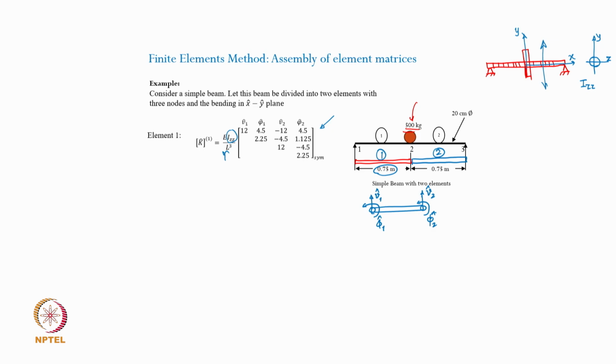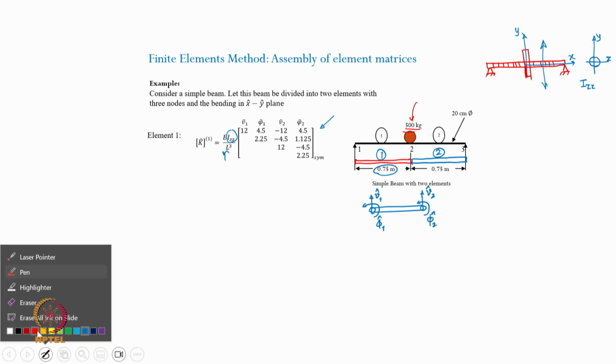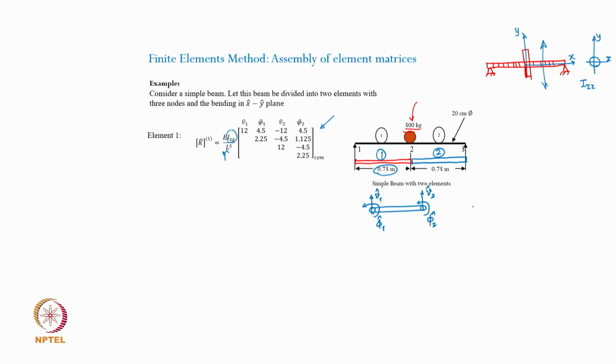Now, the second element is going to be similar to what we have as the first element, and its own degrees of freedom in its own local coordinate system will still be v 1 cap, phi 1 cap and v 2 cap and phi 2 cap, right.